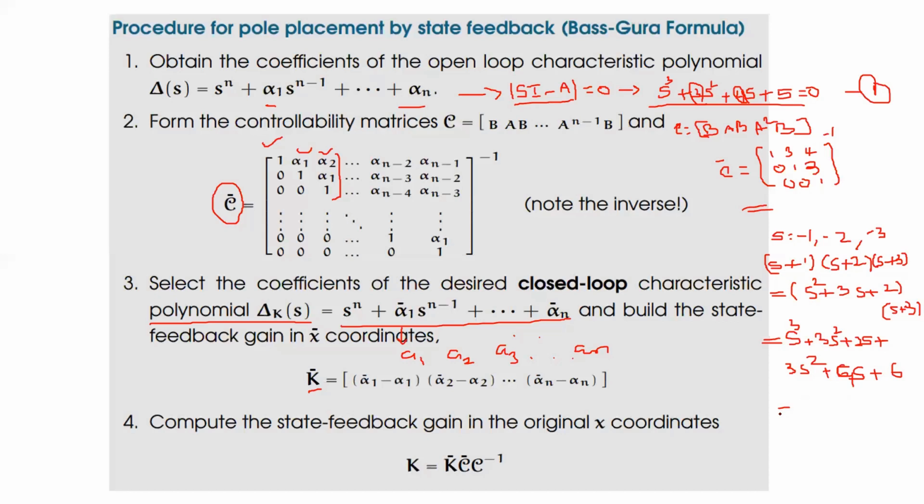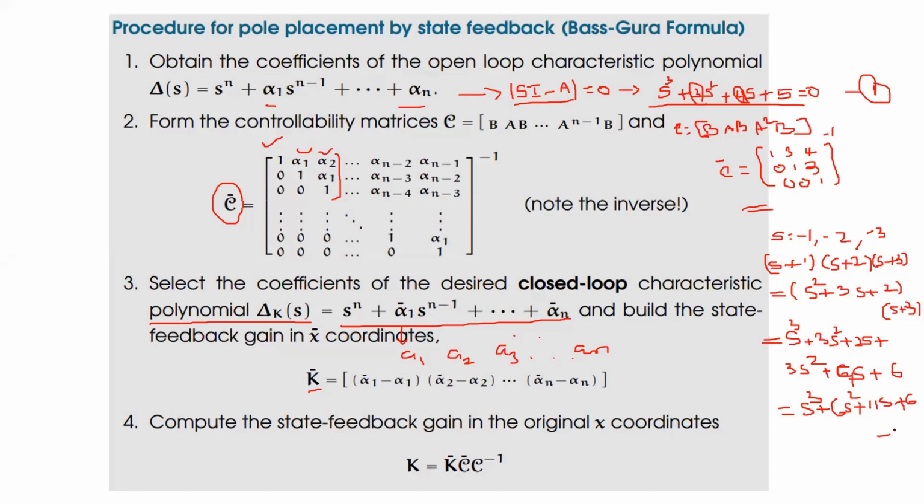What is the polynomial value? s cube plus 3s square plus 3s square means 6s square, plus 2s plus 9s means 11s, plus 6.